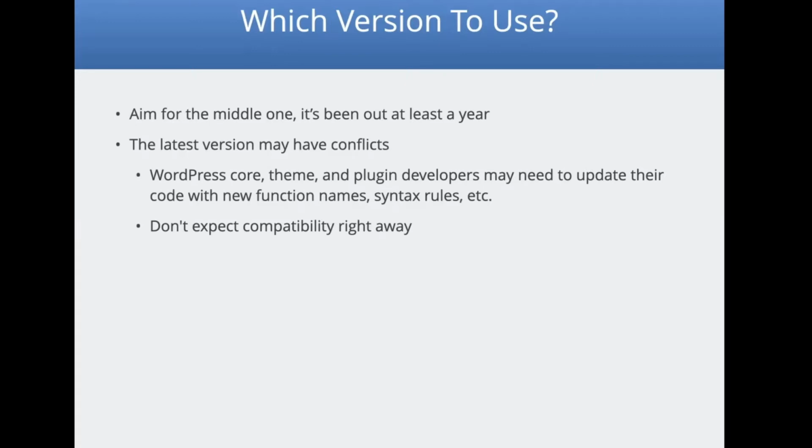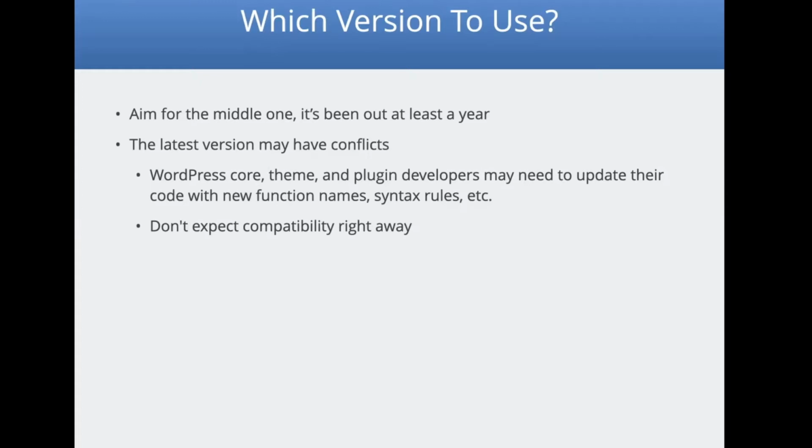If you want to shoot for the latest version, it's a bit risky. It may have conflicts because it hasn't been out that long, and the more plugins you have, probably the higher chance that one or more of them are not going to be compatible. So that's why I like to wait at least a year.